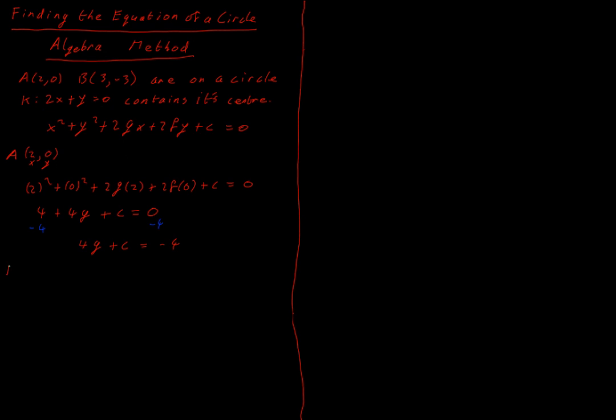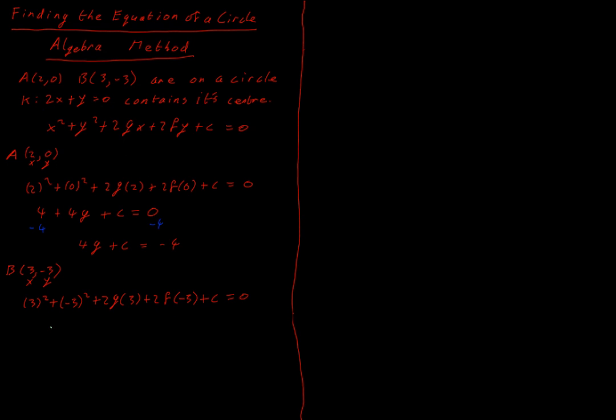Next point, we have B at 3, minus 3. That's also a point on the circle. That means it solves this equation. This value of x and y solves this equation. So I sub in again and I get 3 squared plus minus 3 squared plus 2g times 3 plus 2f times minus 3 plus c is equal to 0.